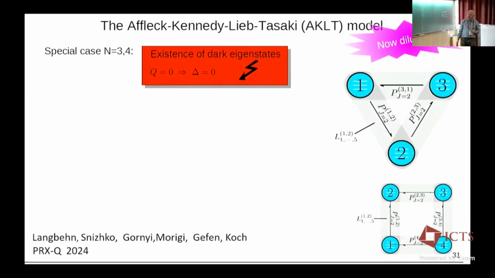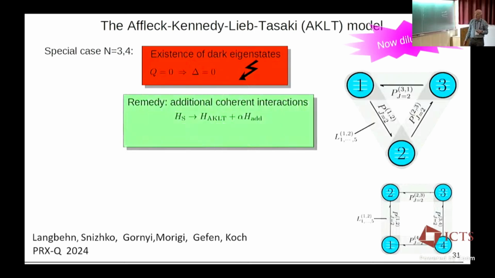And the answer is that I add a kernelizer to this problem, or in other words, in the AKLT, I add to the original Hamiltonian an auxiliary Hamiltonian, which I call H additional. It's a Hamiltonian. It's not a jump operator.